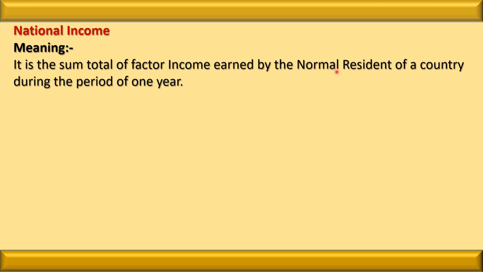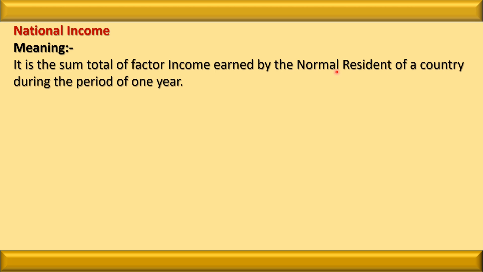The normal resident can be an individual or an organization, number one. That person should be in the country for more than 1 year, second point. Third, the individual or the organization should have an economic interest in the country. When I say having an economic interest, what does it mean?